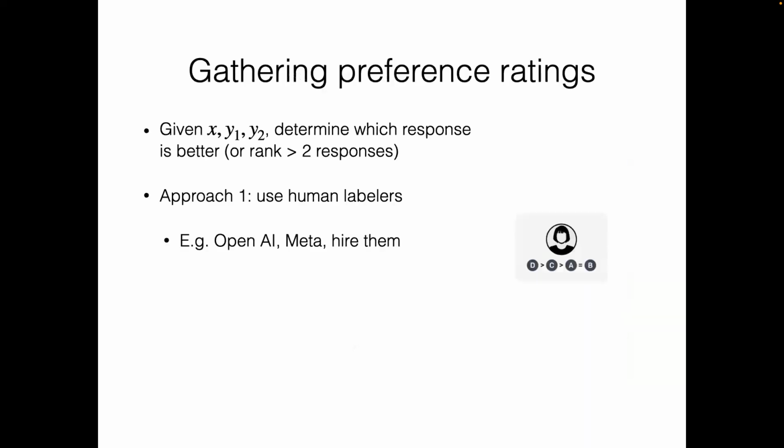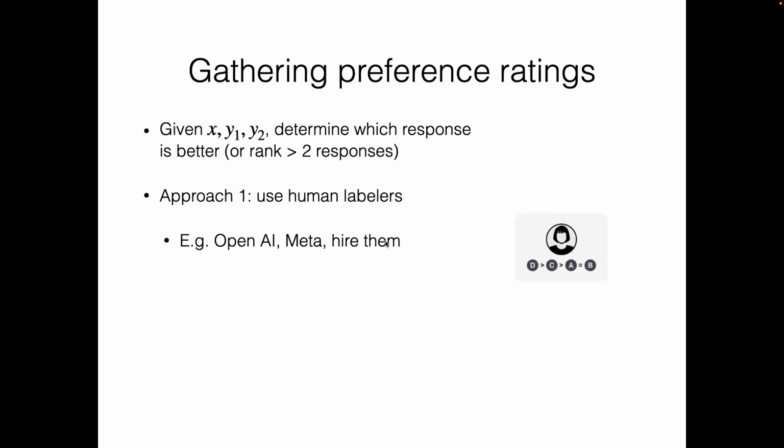So here, again, the task is to basically rank these two responses, or you could even do more than two. Like you could have someone rank five different responses if you want. Either of these approaches will work, but we'll mostly just talk about using two.